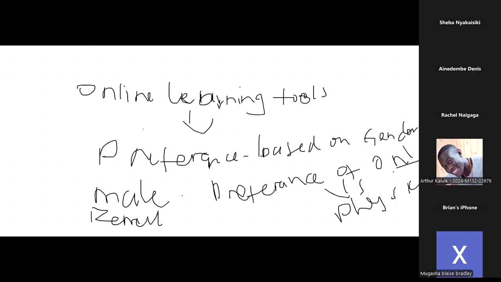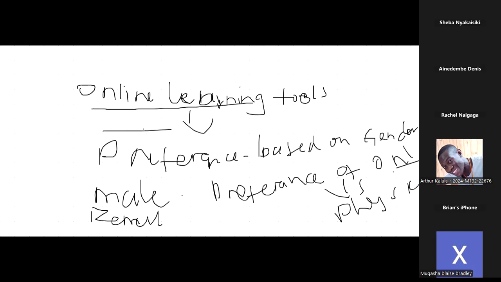Yeah. So the alternative hypothesis. What would be the alternative hypothesis to this one? We want to find out if we can reject our null hypothesis.